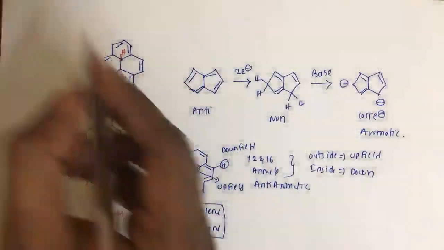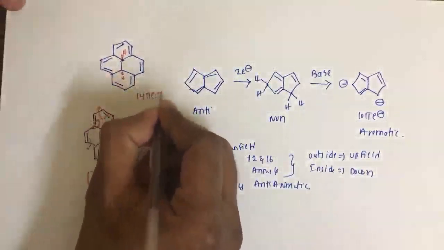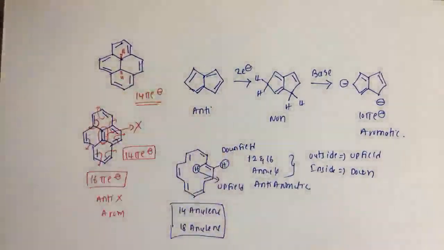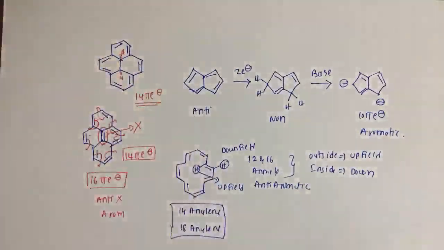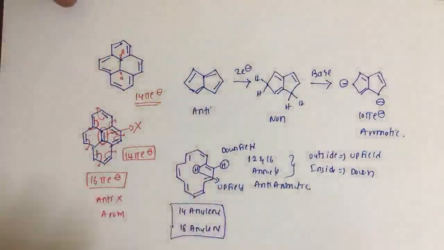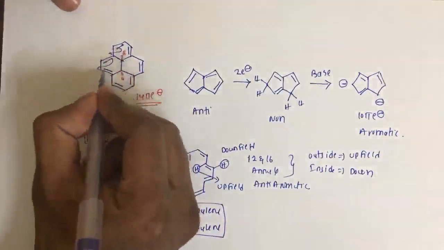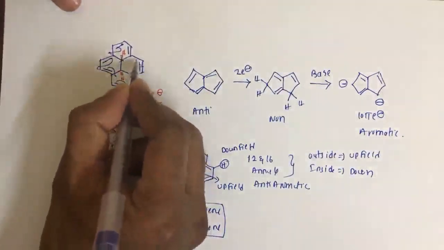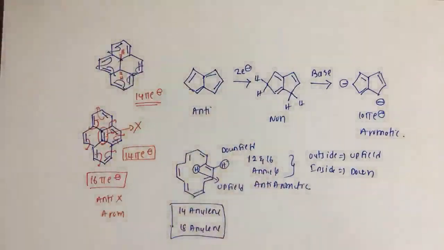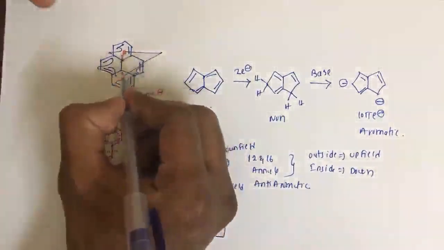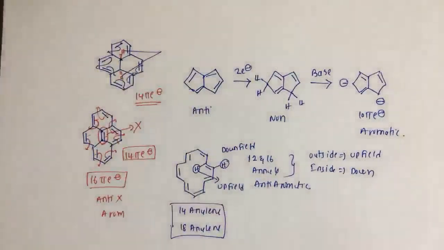Here also we have a 14 pi electron system, so this is aromatic. All carbons need not be sp2 hybridized. Here it's planar and delocalization is there, so it can exist as aromatic. The protons present inside this compound come upfield shift, and outside protons come downfield shift.